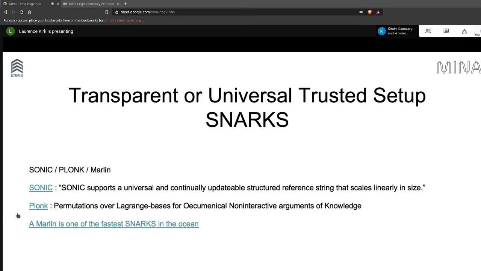Or to look at it the other way around, it would require the collusion of every single person within the ceremony for them to share and work out this secret parameter lambda and to be able to cheat and make false proofs. So as long as one person is honest within the setup, then the whole process works.